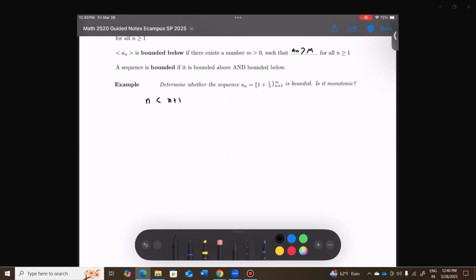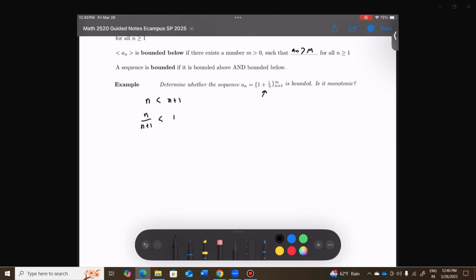Okay, which is true. 1 is less than 1 plus 1 is 2. 2 is less than 2 plus 1 is 3, and so on. And then we're going to fit it in this form as we go. Now remember, n is always positive. n is always from 1 to infinity. So we can divide and not have to worry about the inequality sign. So we're going to divide both sides by n plus 1.